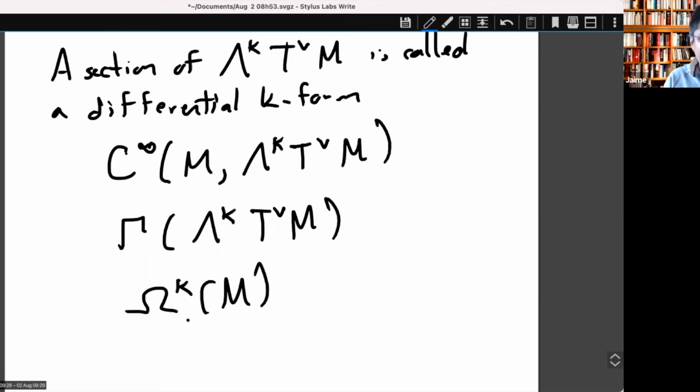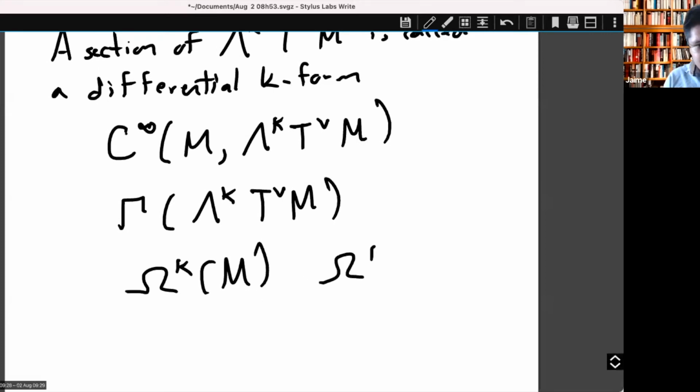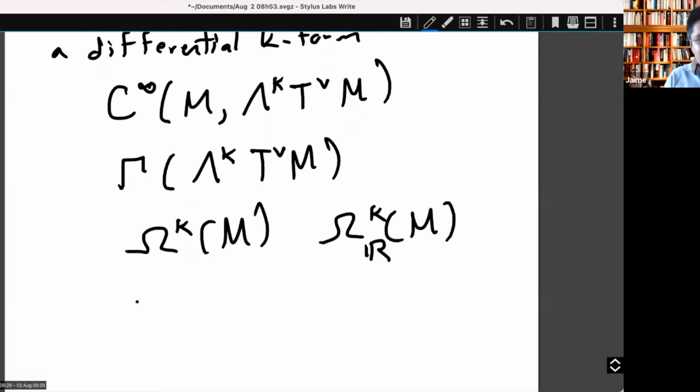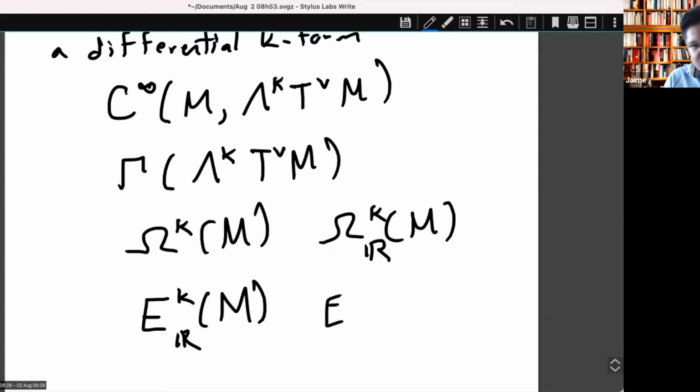But I'm going to reserve this one because we're going to use it later in the complex case. Some people use this, and in more classic books, they use things like this, or just A, E. It seems like a waste of time to say that we have different notations, but the truth is that there's no agreement on which notation to use.